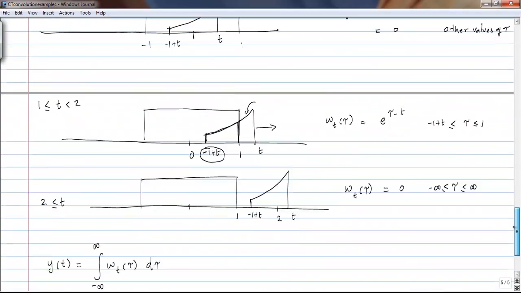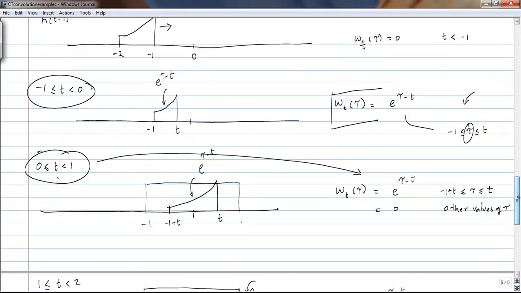So what's going to happen is, I will just do the integral right here, so it'll be easier for us to see this. So for this range of t, which is basically t less than minus 1, w of t is going to be equal to 0.